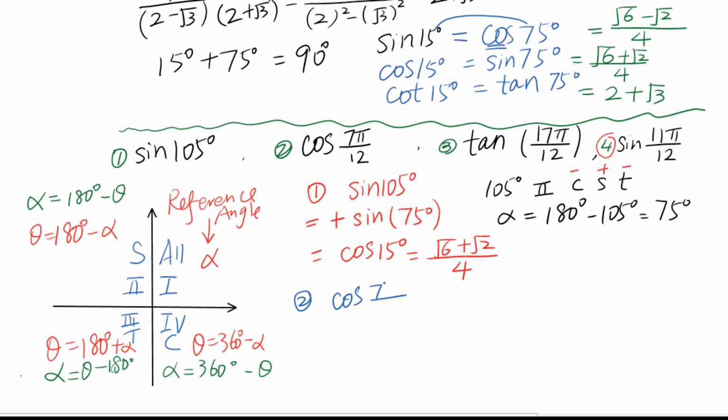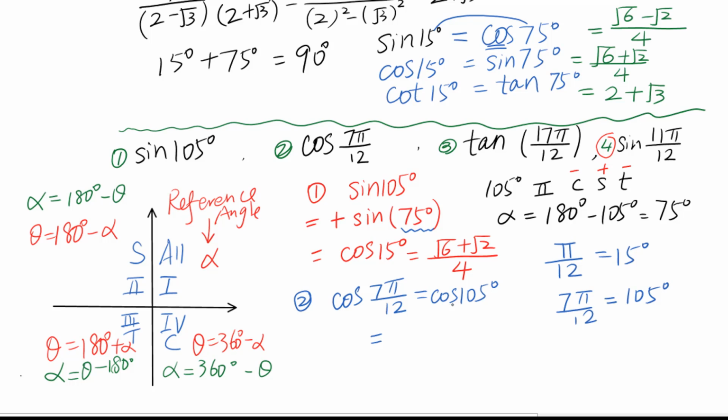Cosine 7 pi over 12. Remember pi over 12 equals 15 degree. Therefore, 7 pi over 12 equals 105 degree. Basically, we are looking for cosine 105 degree. We already know the reference angle is 75 degree.